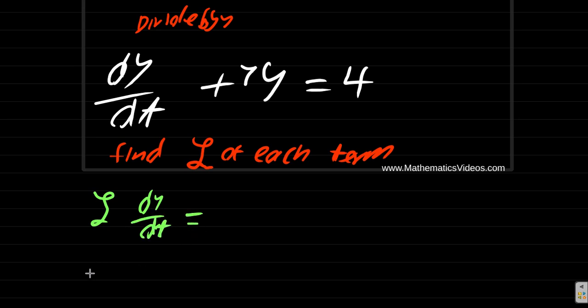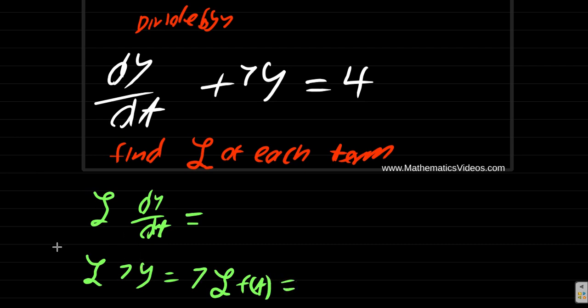We need the Laplace transform of 7y, which would be, well, we won't find a y in the Laplace transform table. This would turn out to be 7 Laplace transform of f of t. That's what we will see instead of y.